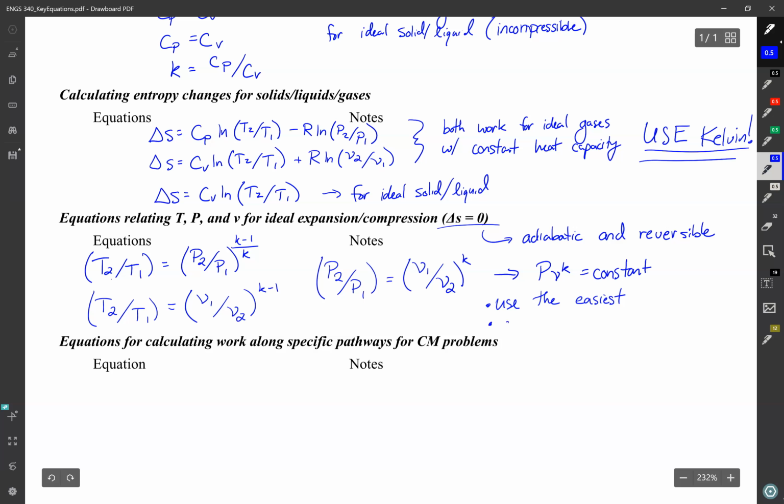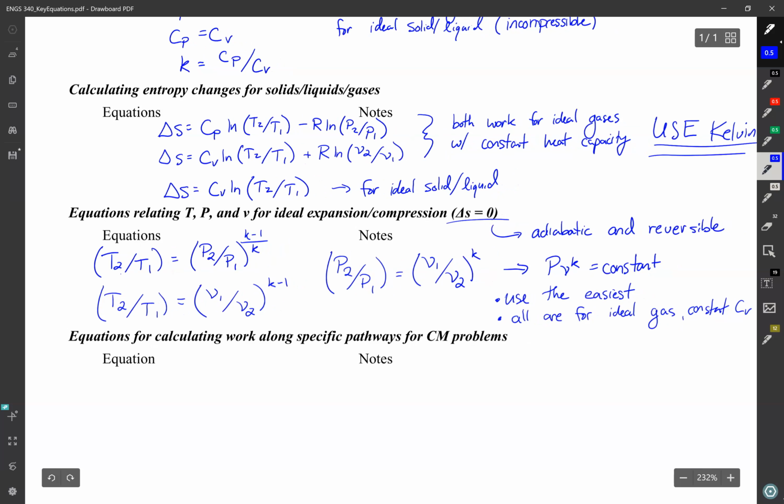So these all are for ideal gas constant heat capacity. And again, the same warning as the one above. For these ones, you have to use Kelvin. So maybe I'll write it over here. Use Kelvin.